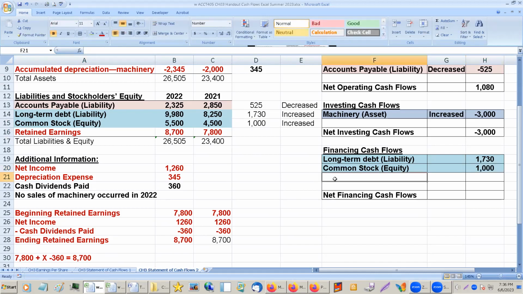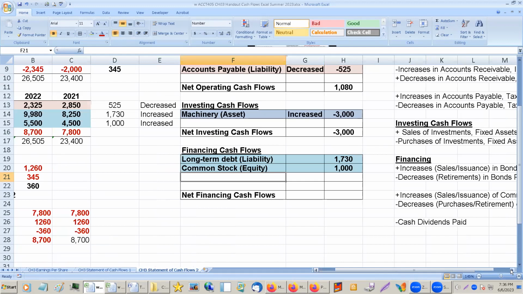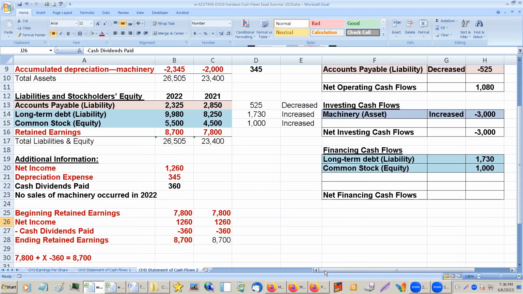And there's one that I always miss that goes in here. It's this one. Cash dividends paid. I don't know why, but it always slips my mind when I go through these. Whenever we pay dividends, our cash goes down.